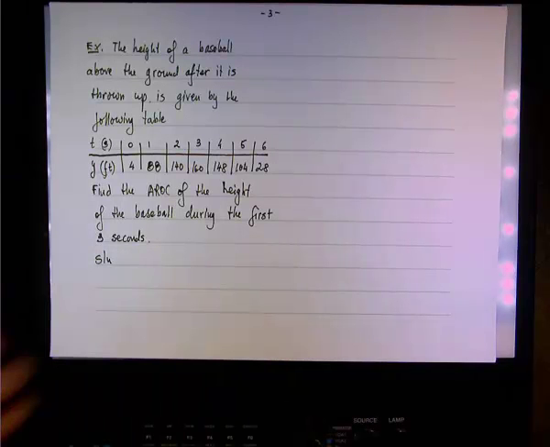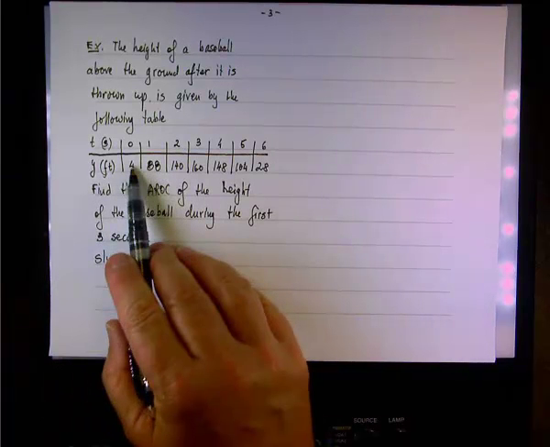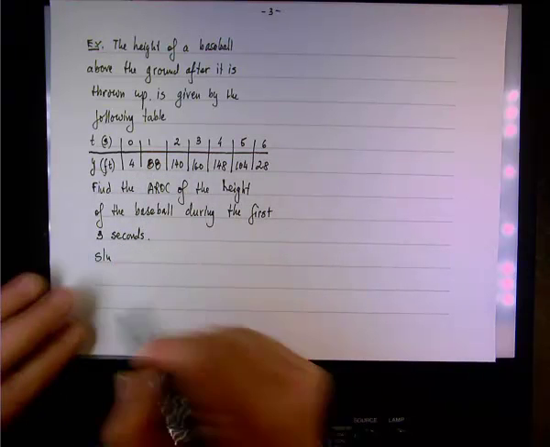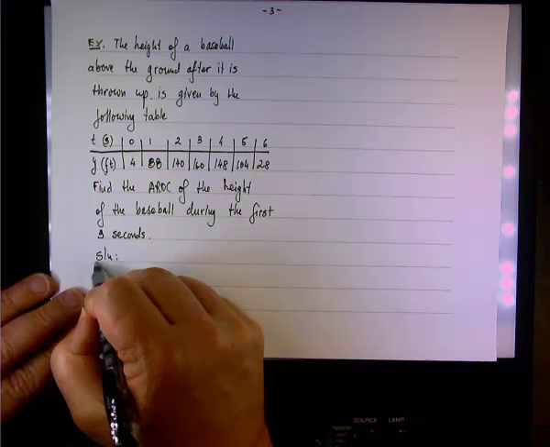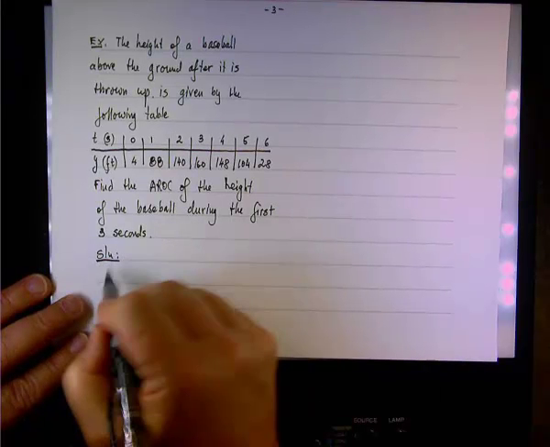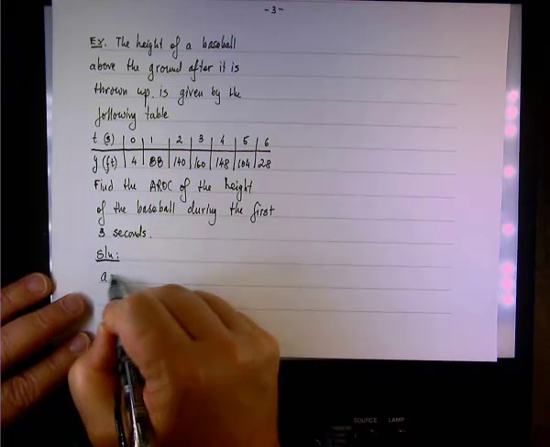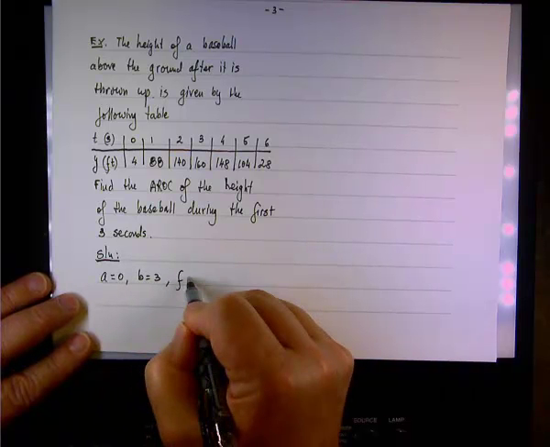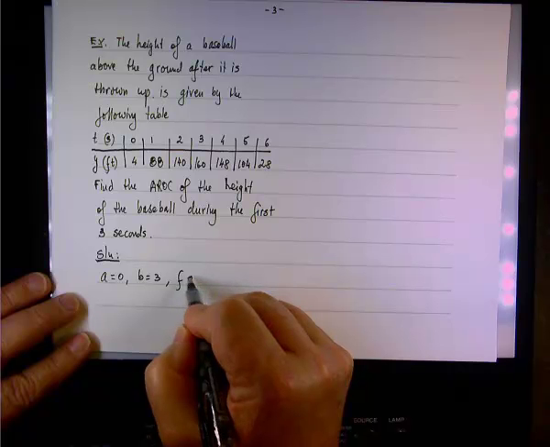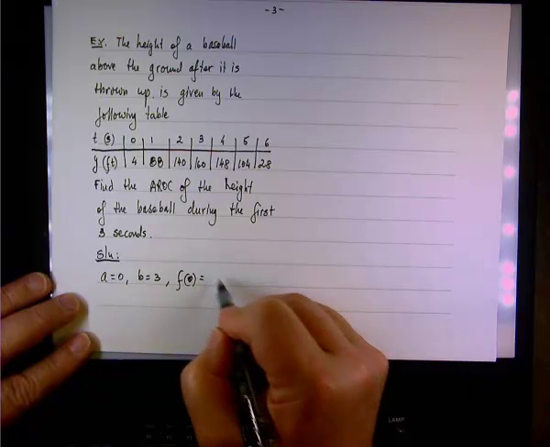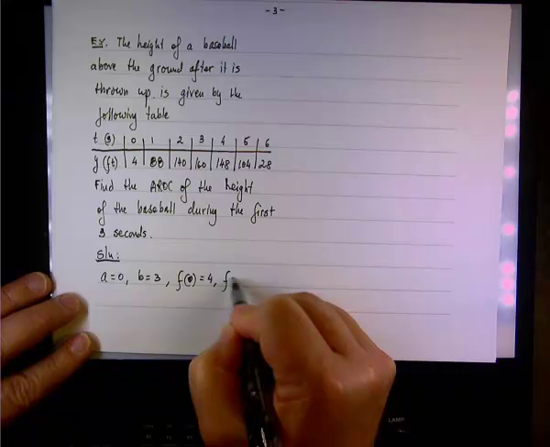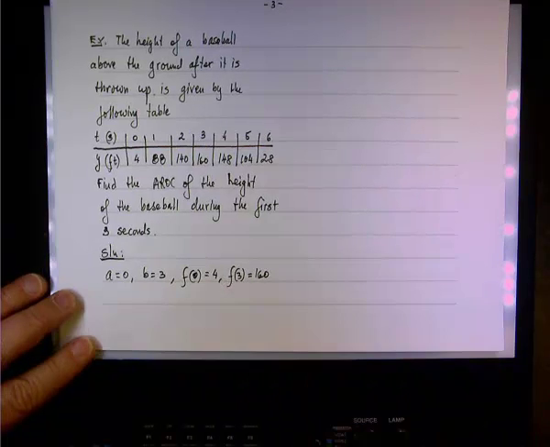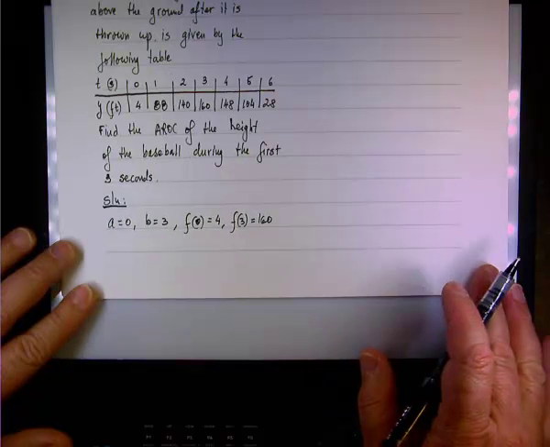So I'm looking at the first 3 seconds. I'm going to go from 0 to 1, 1 to 2, 2 to 3, and I'm establishing my A and B. So A equals 0, B equals 3, f of 0 or f of A is 4, and f of 3 is 160. And now I'll apply the difference quotient formula.